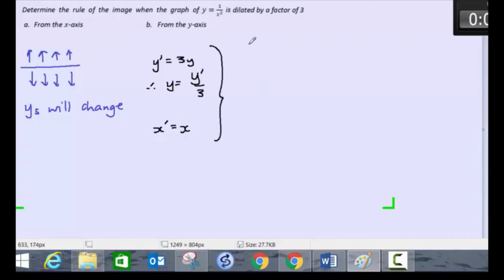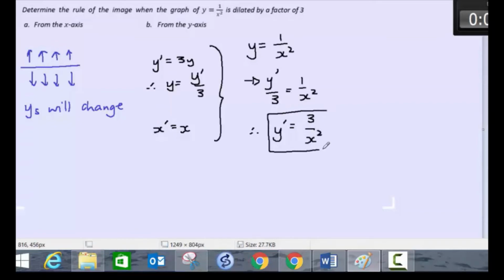So therefore, y equals 1 over x squared will become y prime over 3 equals 1 over x squared, or therefore y prime equals 3 over x squared. And that's the function after it's been dilated by a factor of 3 from the x-axis.